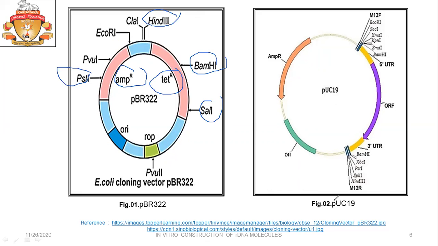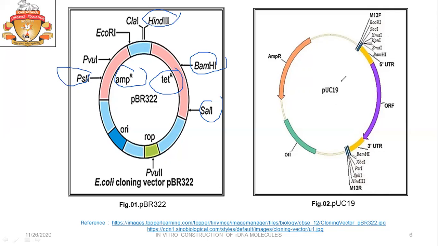Now coming to pUC19, the nomenclature goes like this. p denotes plasmid, and the letters U and C refer to the University of California. This particular plasmid was constructed by J. Messing and J. Vieira. And the number 19 distinguishes this particular plasmid from other plasmids.